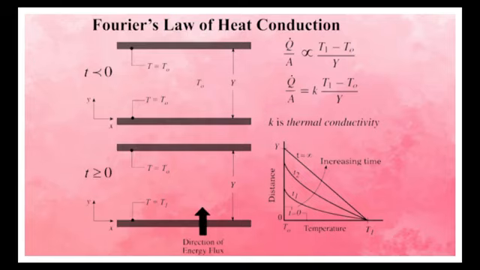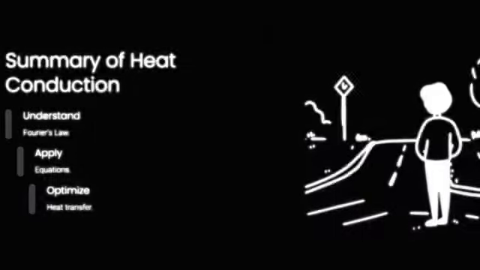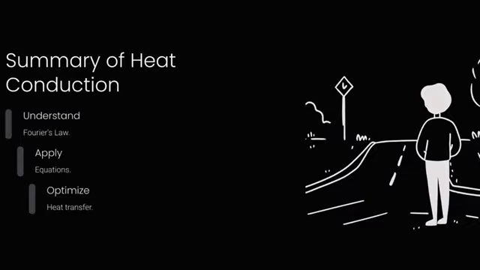Eventually, at t equal to infinity, the entire slab reaches steady-state conditions where temperature varies linearly from T1 at the bottom to T0 at the top. This graph beautifully shows how conduction works over time, distributing energy throughout the material until it reaches equilibrium.